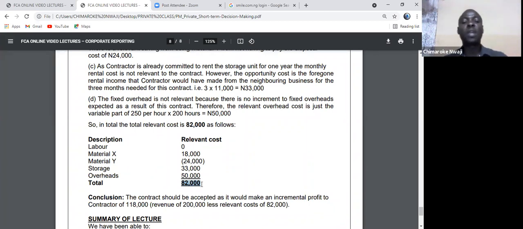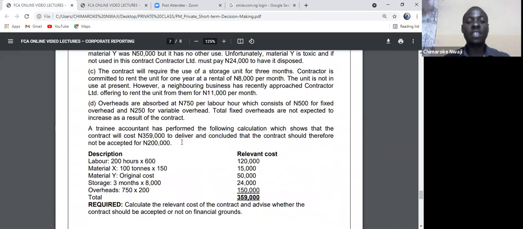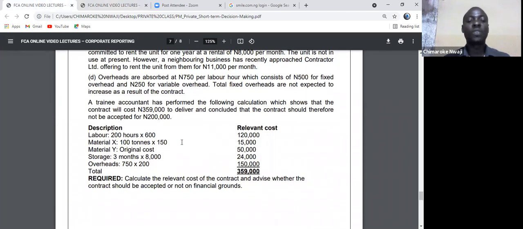And so if our relevant cost is 82,000 and he's offering to give us 200,000, of course, the revenue we are getting is higher than the relevant cost. It means we should accept the contract instead of following the trainee that says we should reject the contract on financial grounds.